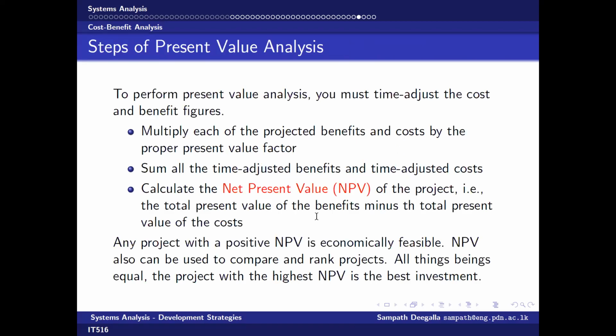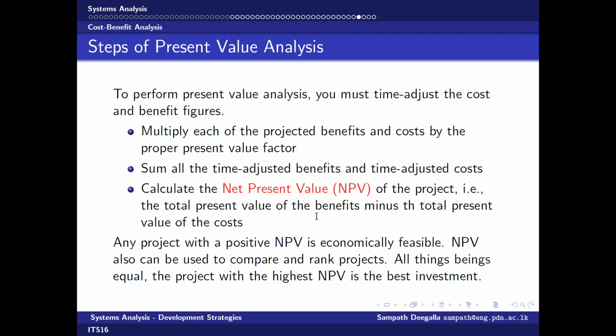Right. Now, let's look at how we are going to perform the calculation. Now, this is the correction. Whatever the future amounts, we are going to make it to present value, and then we are going to do the analysis. So what we need to do is we have to time adjust the cost and benefit figures.